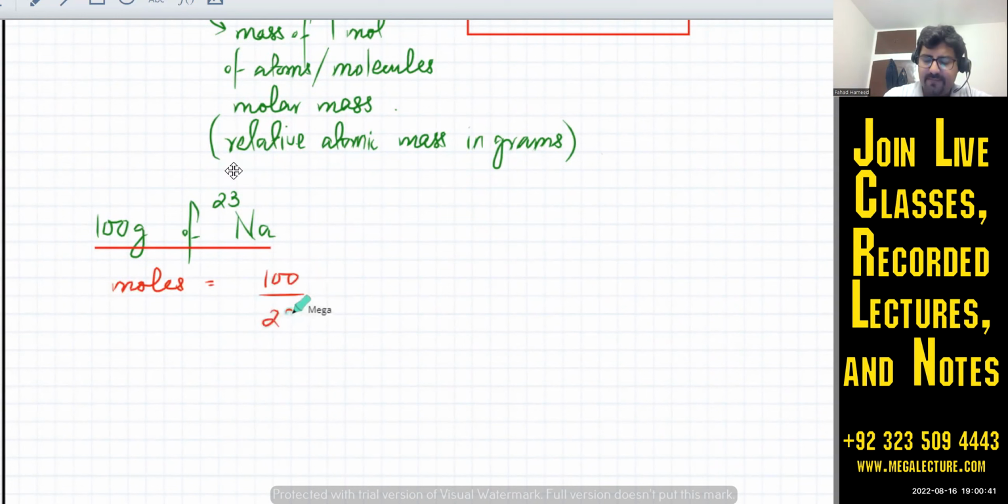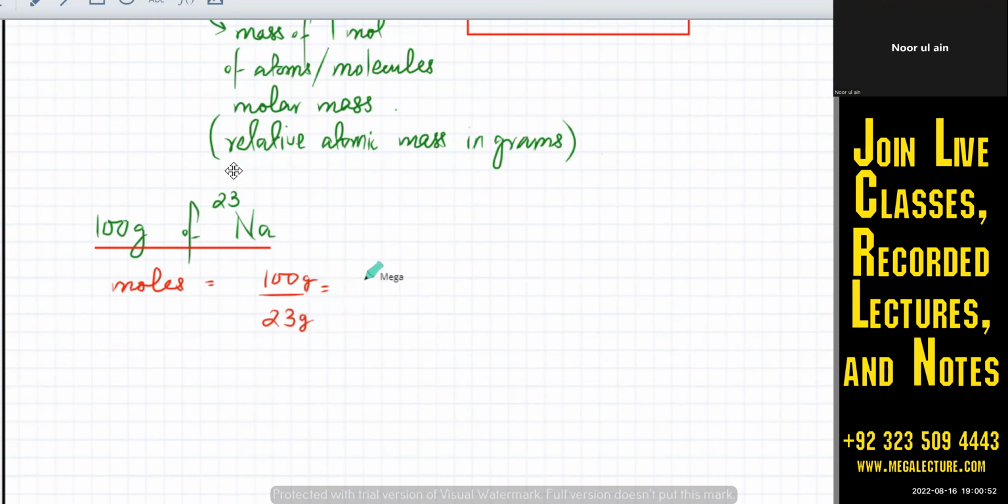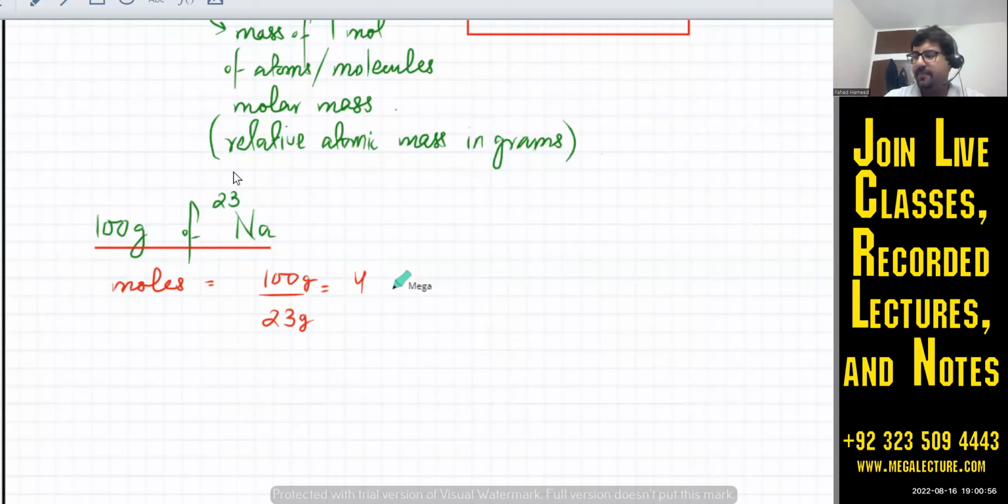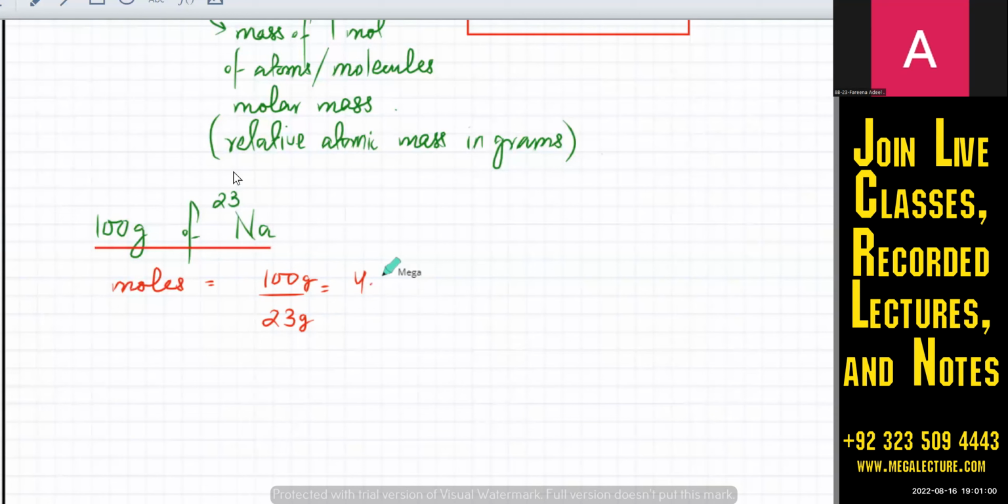So how many moles do I have? What's the answer to this? 4.347. You sure it's 4.347? Yeah. So it's 4.34.